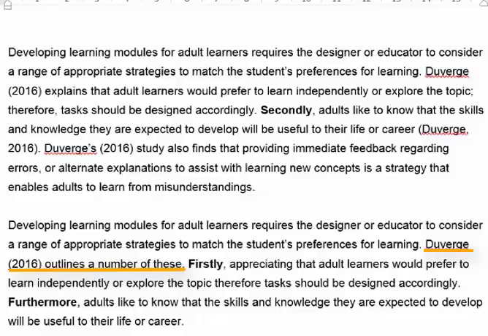And then I use the text connective to lead the reader through them. Firstly and furthermore. And that means you aren't repeating the author so many times. In actual fact, if you get very low on words, this is a good thing to do. Let's have a look at one more example.